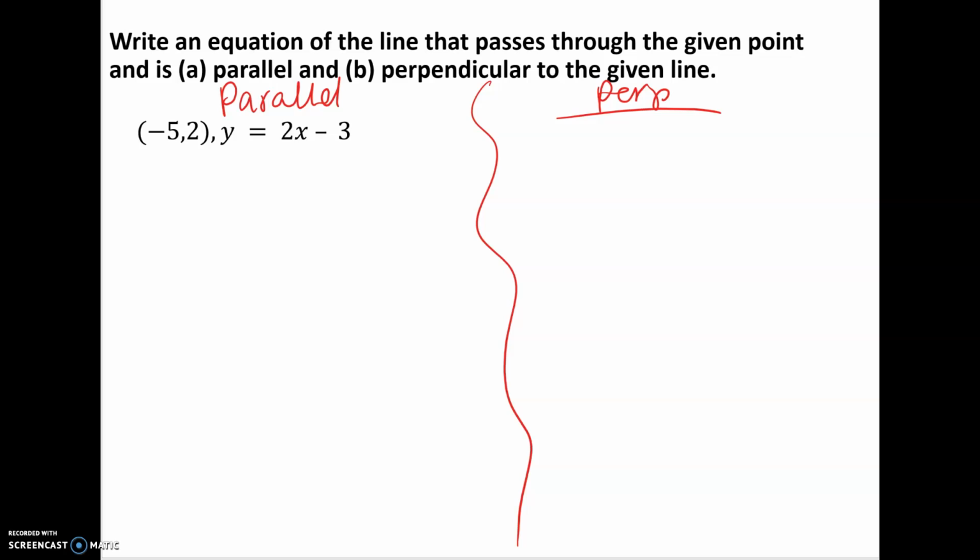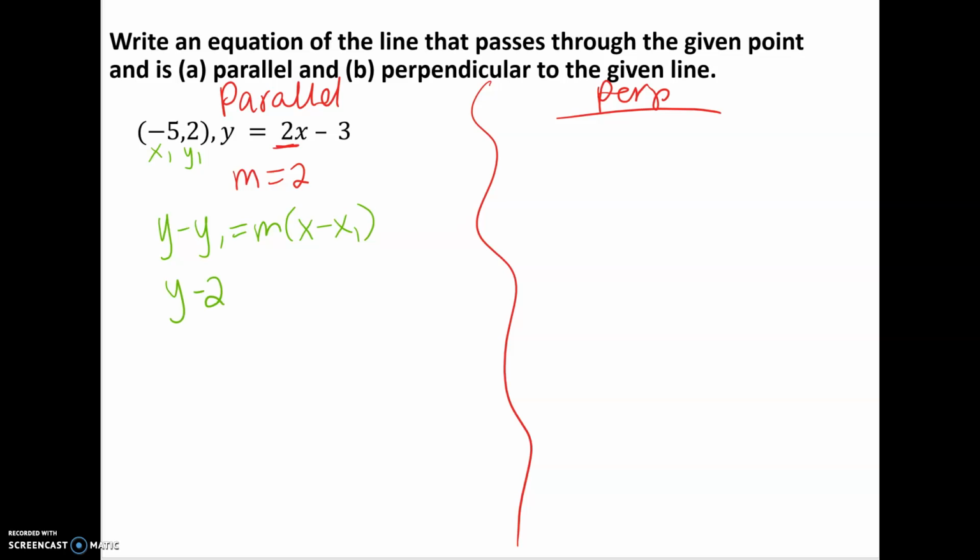Okay, so parallel, I get to keep the slope from my original equation. It says I want it parallel to that. So my slope is 2. And then I'm going to use my point slope form in order to plug in the information that I know. Okay, so here's my x1 and y1.